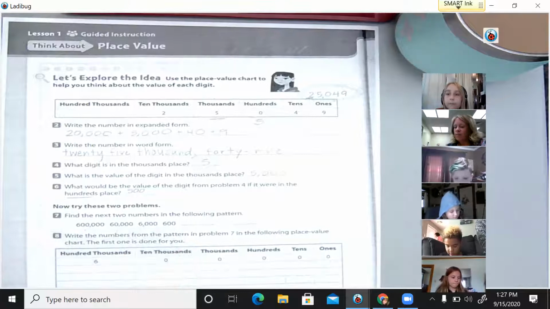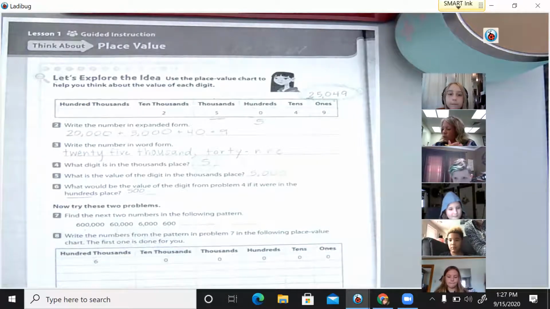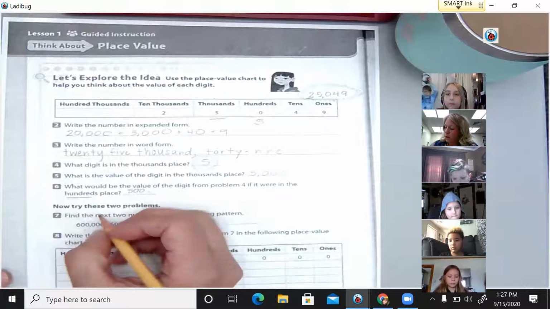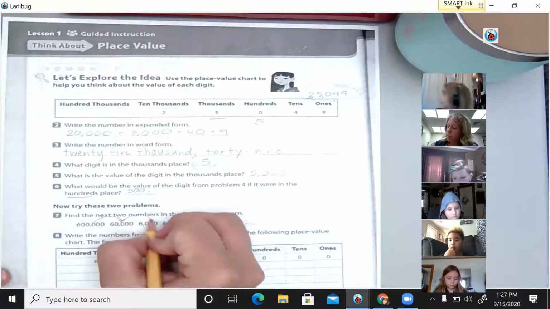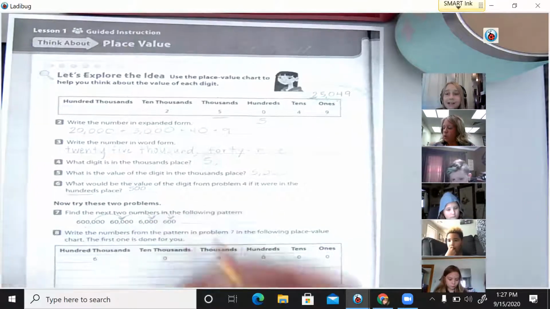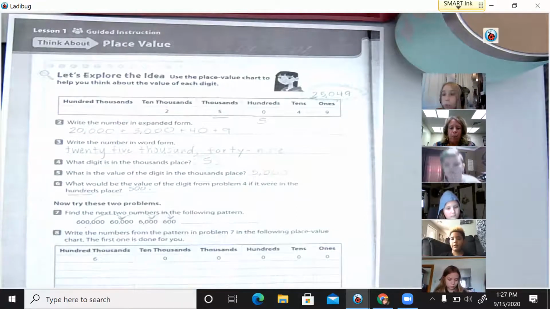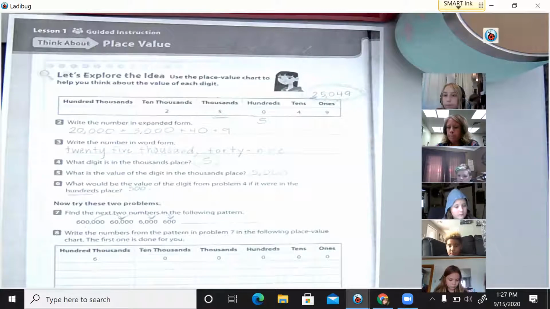Okay, Olivia, that leaves you. So now, when you look at those numbers going from one place in the pattern to the next, what do you notice is happening every time we move to the right? It gets smaller.